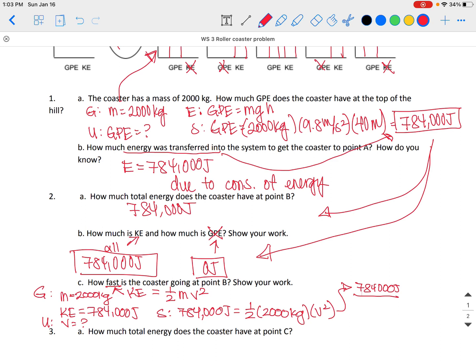I just took 1/2 of 2,000. That's equal to velocity squared. And because I don't want velocity squared, I want the square root to get velocity. I'm going to end up with an answer of velocity equal to 28 meters per second.